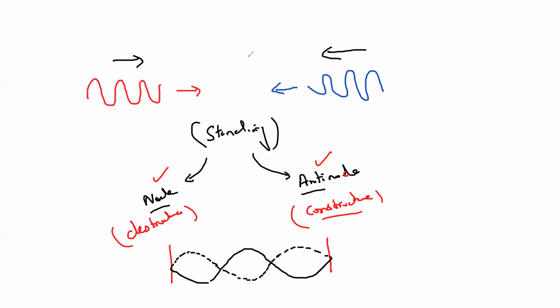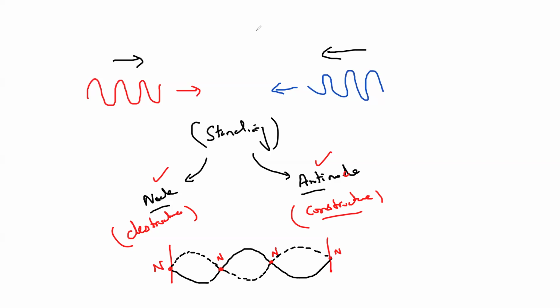So for example, two waves which travel in opposite directions combine and make a standing wave. In a standing wave, it's not like all the places will be perfect constructive and perfect destructive. Some places constructive, some places destructive. So where there's a perfect destructive, we call those points nodes. So this is a node, this is a node, this is also a node, this is also a node.